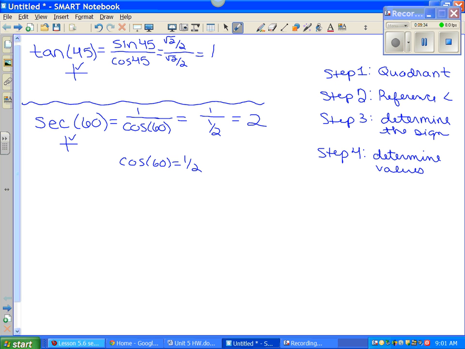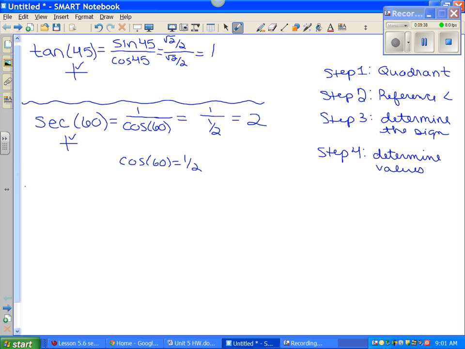Okay. What's the next one, guys? Cotangent 150. All right, first step, quadrant.